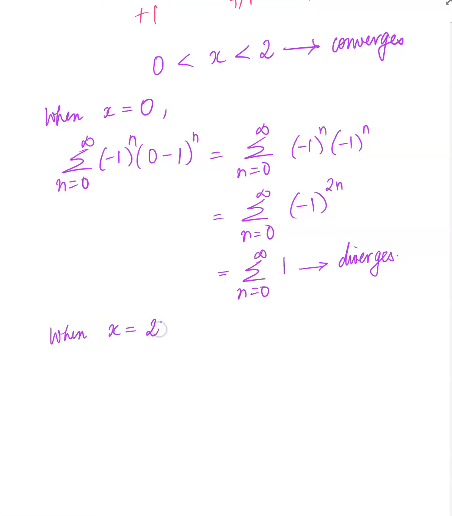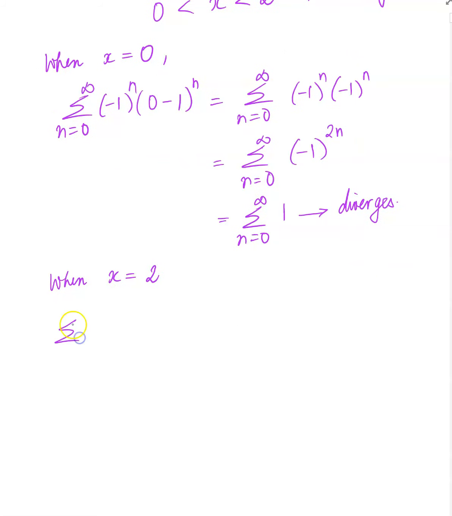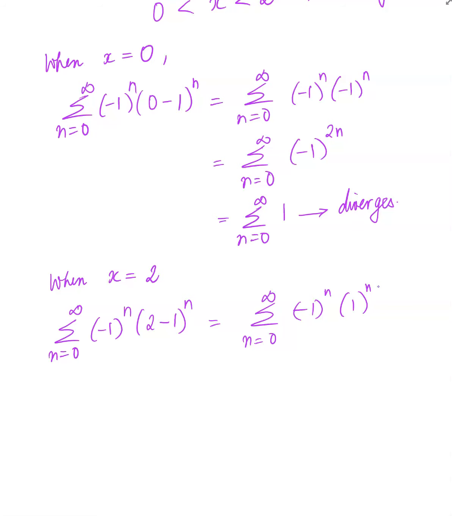When x is 2, summation n 0 to infinity, negative 1 power n, 2 minus 1 power n. Okay. So that's summation n 0 to infinity, negative 1 power n, and 1 power n. One power n, you know what that is, right? 1 power n is still going to be 1.